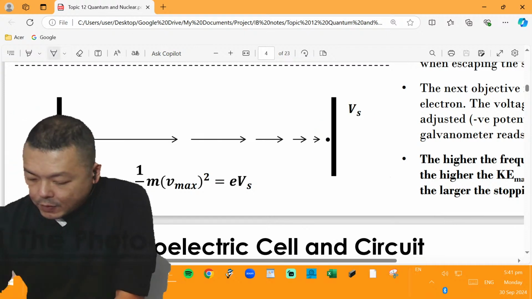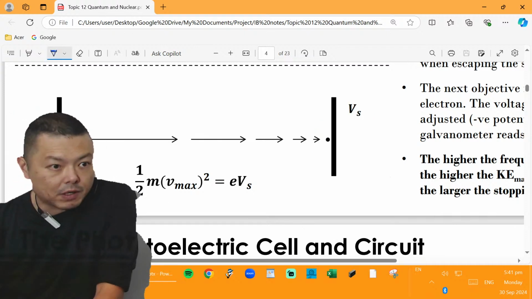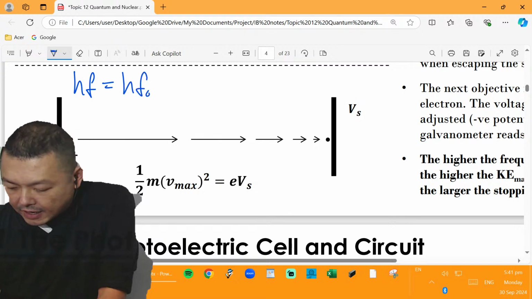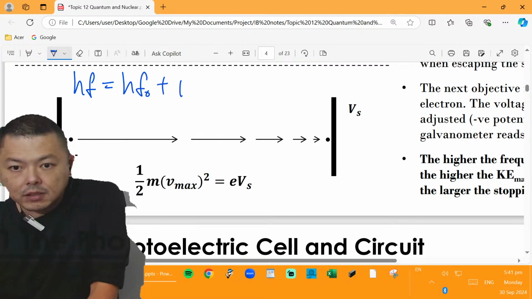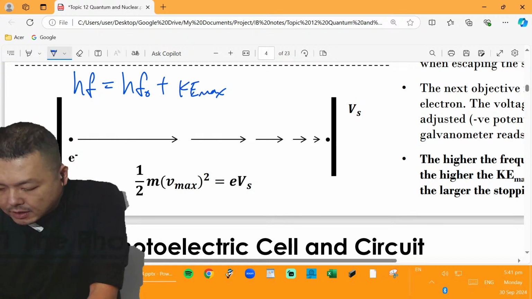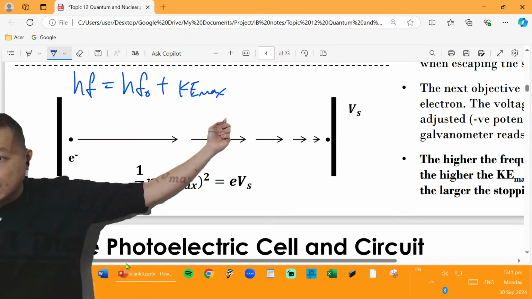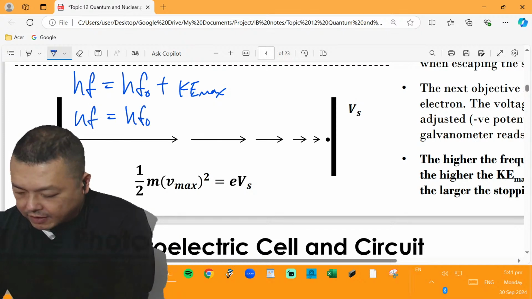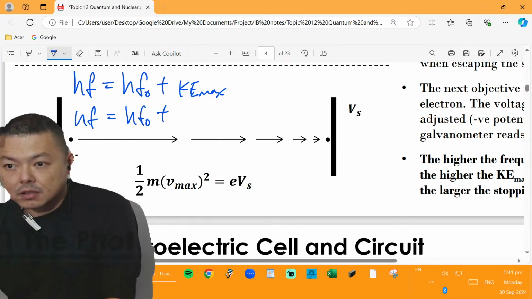So if you want to put down an equation, you should be able to write this down. hf equals hf naught plus KE max. Is this equation correct? Okay, rewrite it: hf equals hf naught plus eVs.